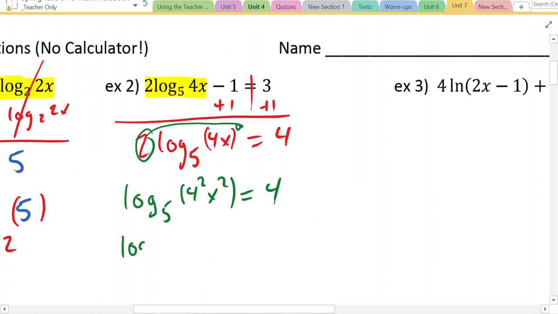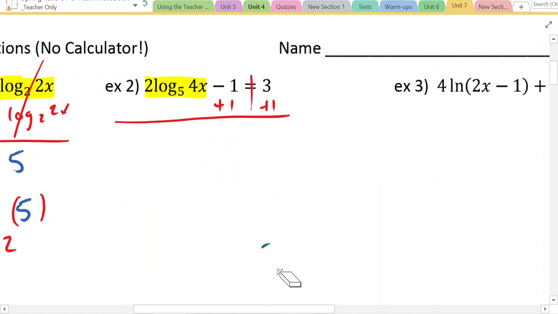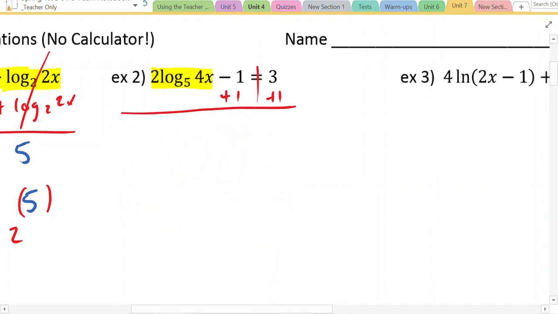So now we have log base 5 of 16, or 4 squared. Let's leave it as 4 squared for now. 4 squared plus log base 5 of x squared, right? Actually, that's not the easy way to do this. I was about to do it the hard way. Let's not do it the hard way. There's a much easier way.